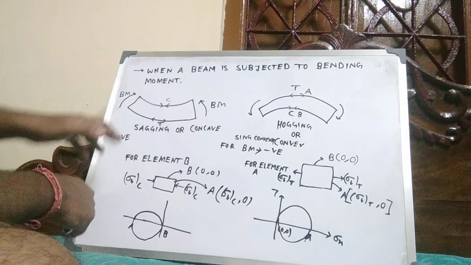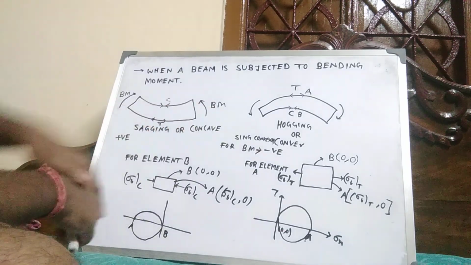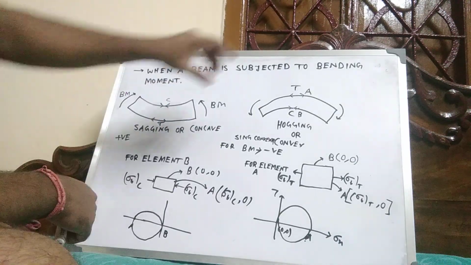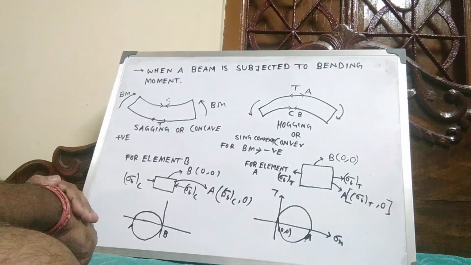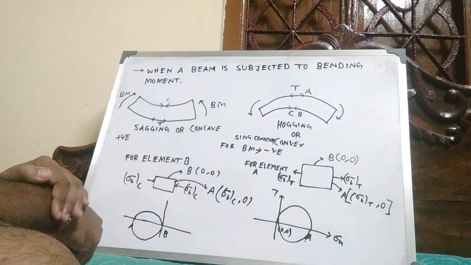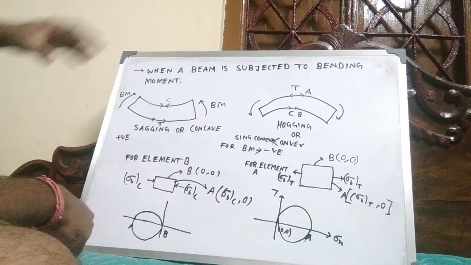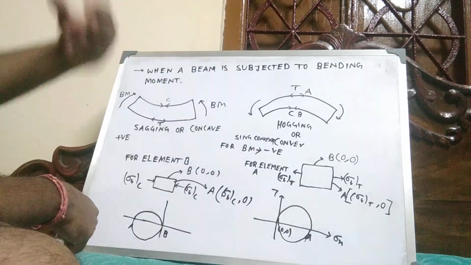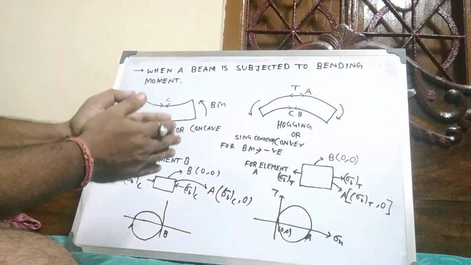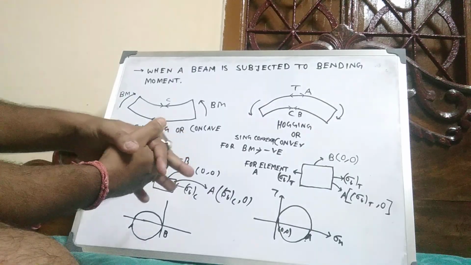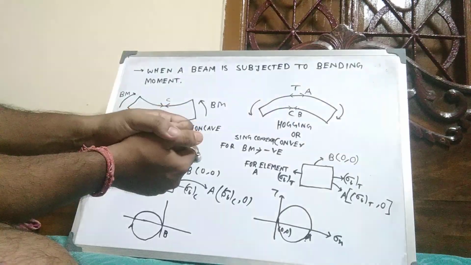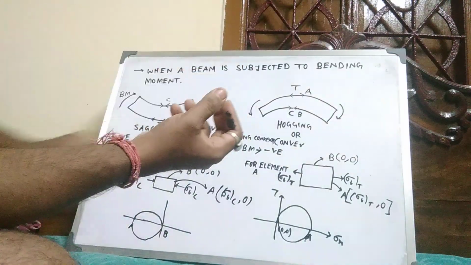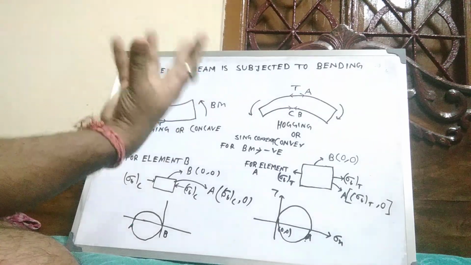The sign convention for bending moment is positive for sagging and negative for hogging. When hogging, the top fiber is in tension and the bottom fiber is in compression. The internal molecules of the beam provide resistance against tension and compression, inducing indirect stresses called bending stresses.